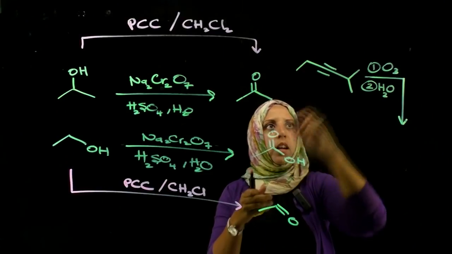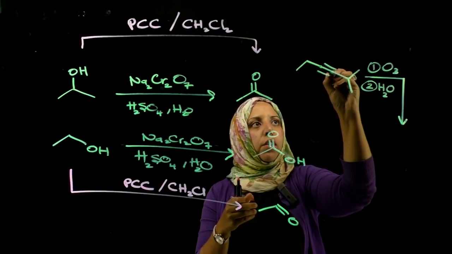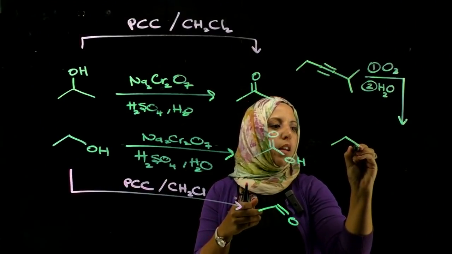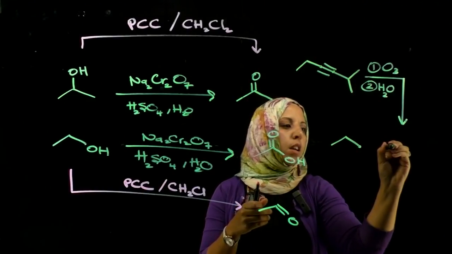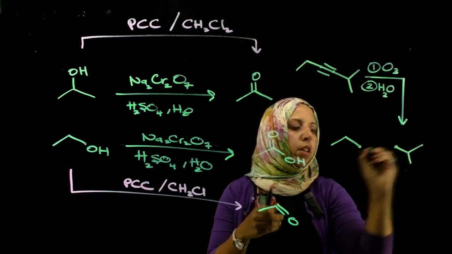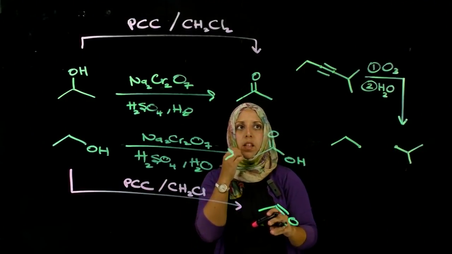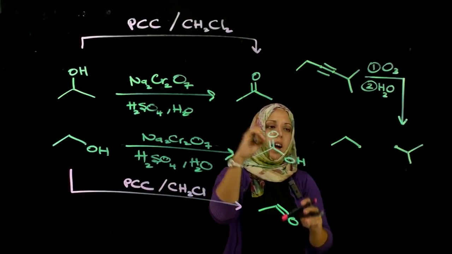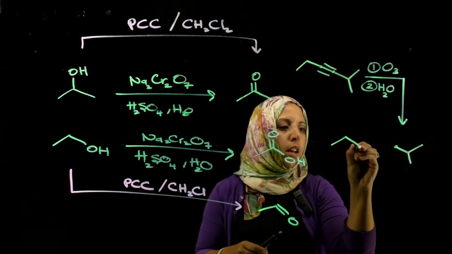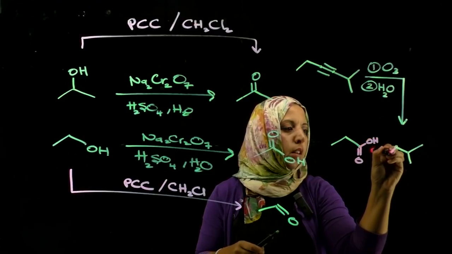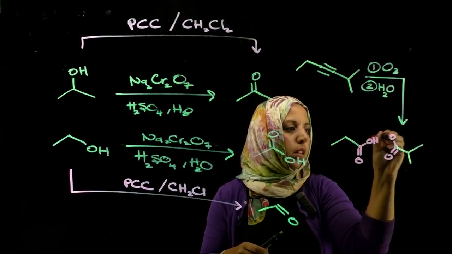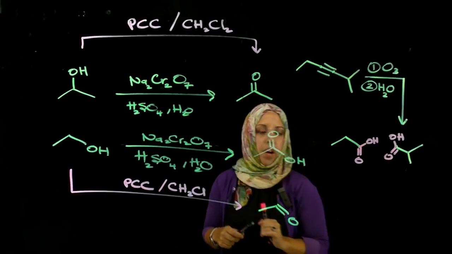So I'm just going to dot those two carbons. Here's that particular carbon, and then 1, 2, 3. It oxidatively cleaves that alkyne, and what forms is a carboxylic acid group. And you get both products.